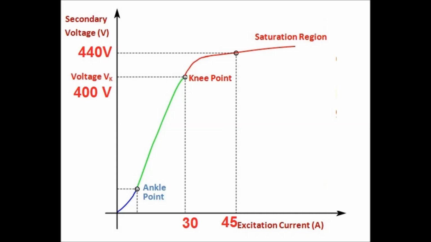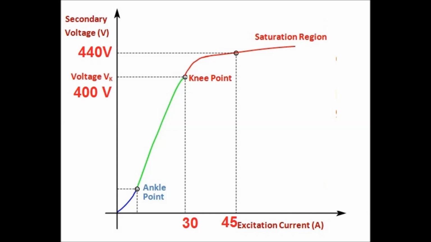From these characteristics of a CT secondary voltage and exciting current, if the knee point voltage is 400 volt, then the exciting current or magnetizing current will be 30 milliampere.